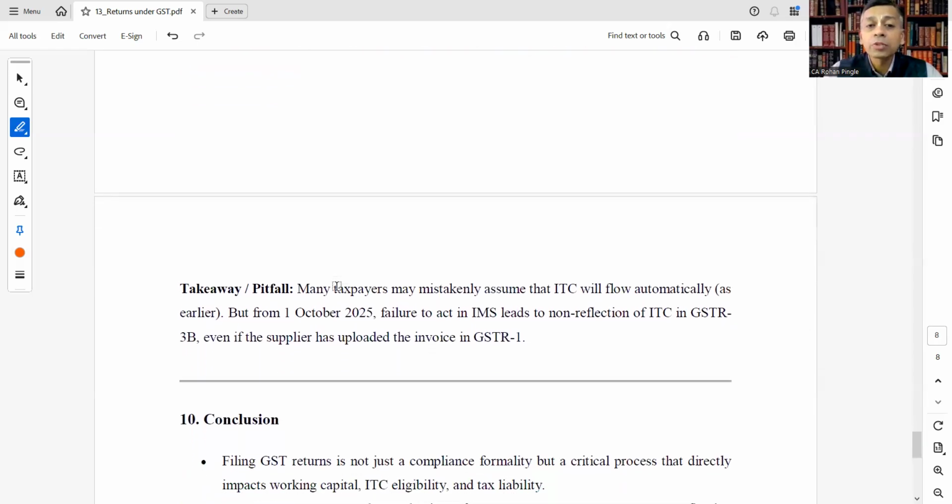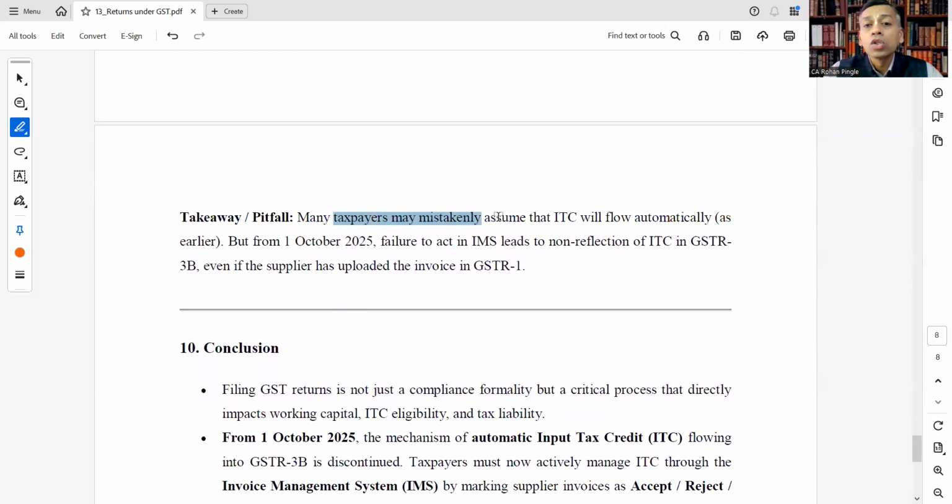Many taxpayers may mistakenly assume that ITC will flow automatically as earlier, but from 1st October 2025, failure to act in IMS leads to non-reflection of ITC in GSTR 3B, even if the supplier has uploaded the invoice in GSTR 1. So, you need to take action, train your employees and staff to check this IMS system, and accept and reject transactions.